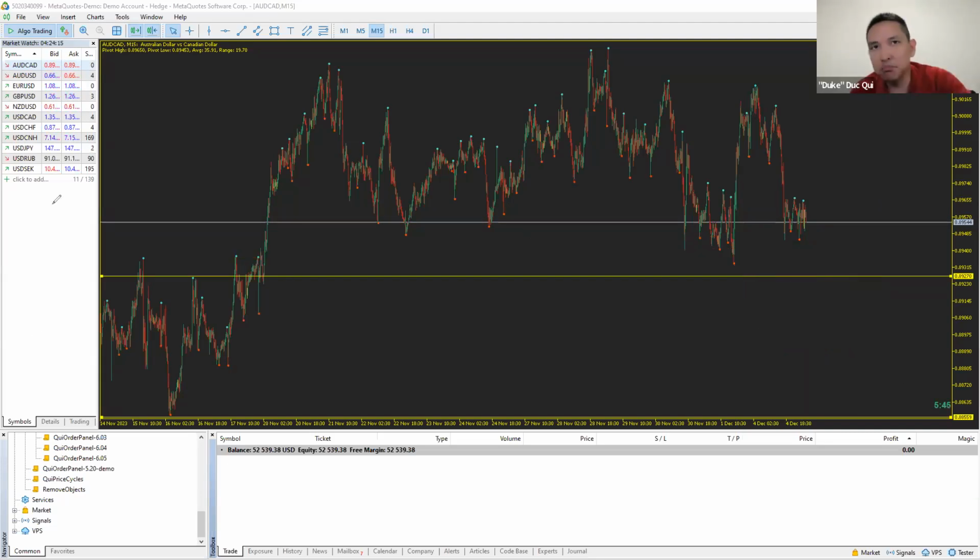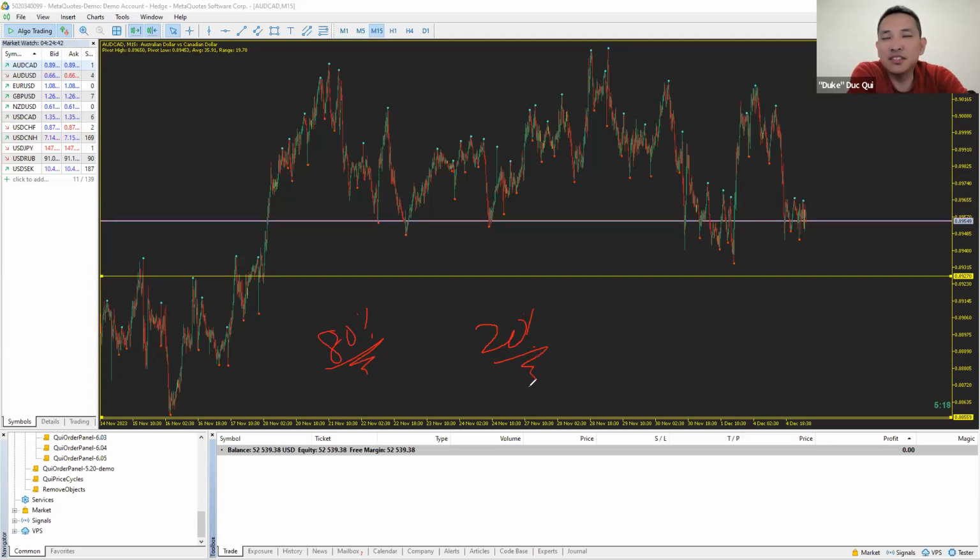Buys right here is a good risk to reward, but you have to take note of what's happening. You can't just say, oh, technical analysis says I should buy. Read what the market is doing, because technical analysis will give you some edge that maybe works 80% of the time, but there's that 20% of the time when the market is irrational.